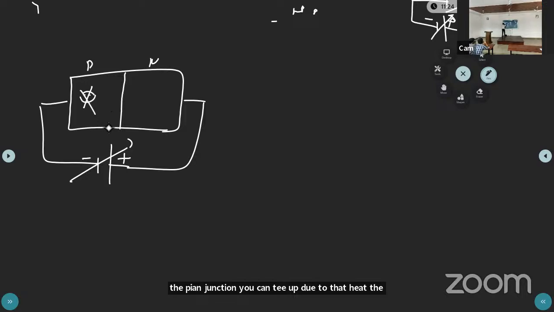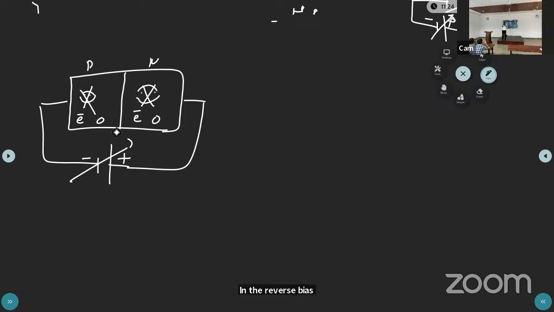Here also, these covalent bonds will break, then the electron and hole pairs are generated. In the reverse bias, due to temperature increases, the already formed covalent bonds will break.